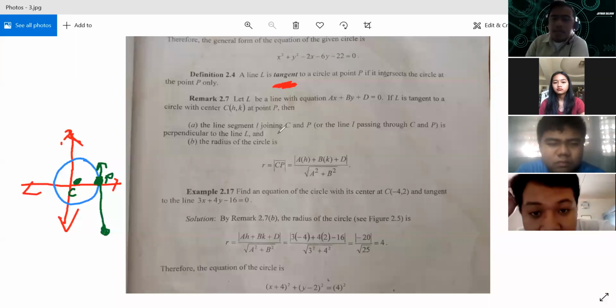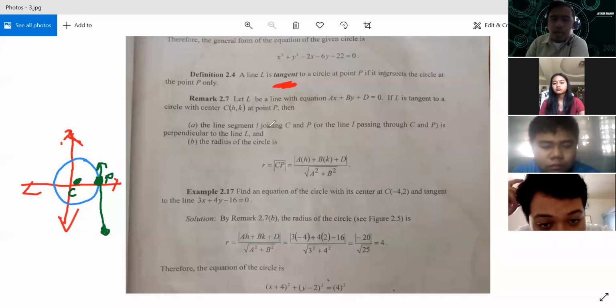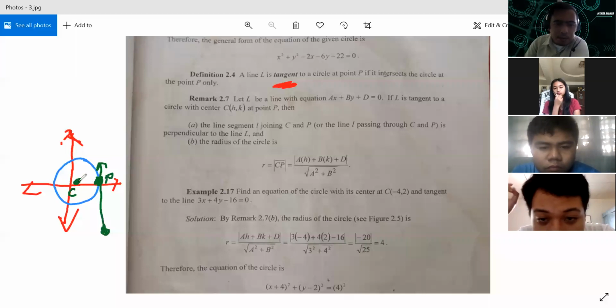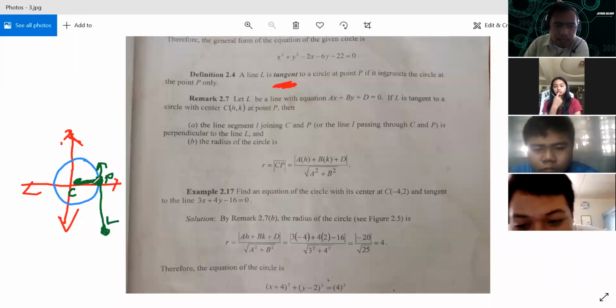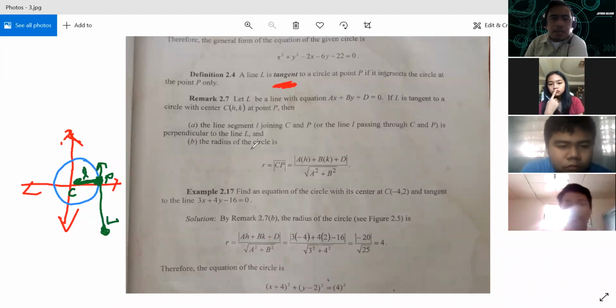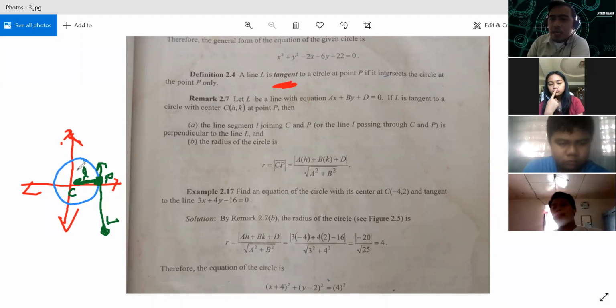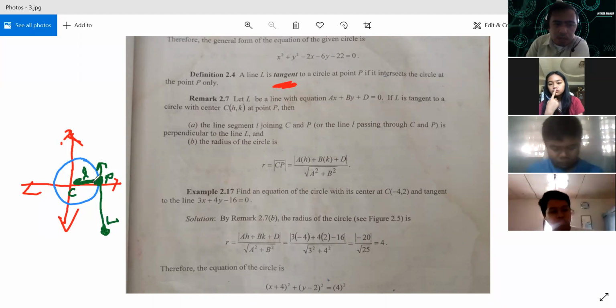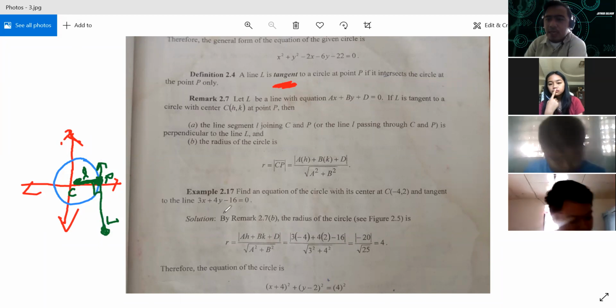Then the line segment small l joining from C to P, this is the small l, this one. This is the big L, this is the small l, is perpendicular to big L. It means this line here is perpendicular to this line. So it means this will form a 90 degrees angle.